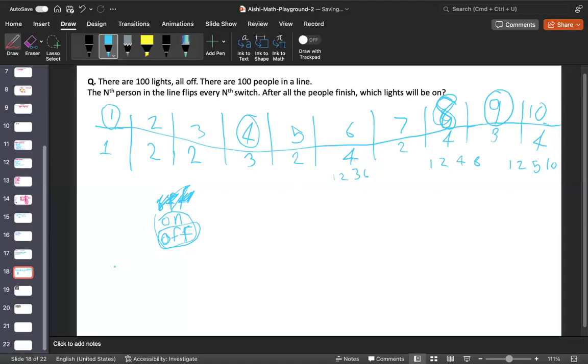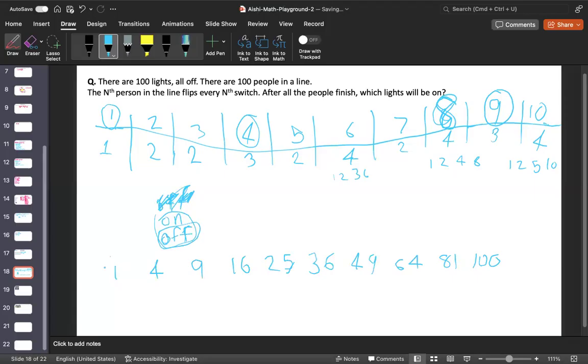So we have 1, 4, 9, 16, 25, 36, 49, 64, this is 8 squared, so 9 squared will be 81, and then 100.